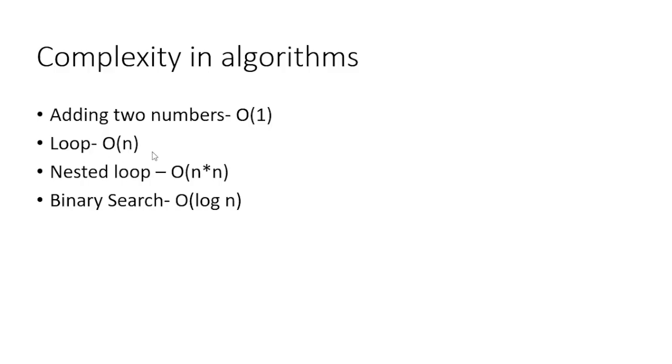But consider a loop. Here the user might give, let's say, 20, or the user might give 20,000. The loop can run any number of times, so the running time depends on this n, whatever the user specifies. That's why here the complexity will be O of n.